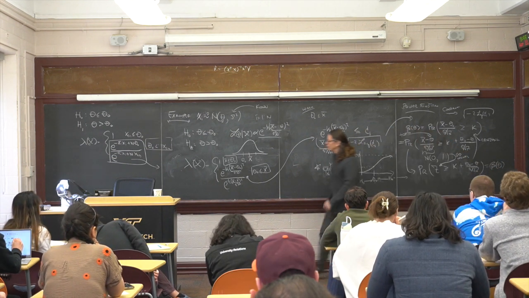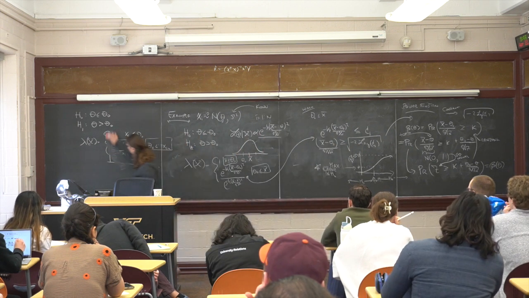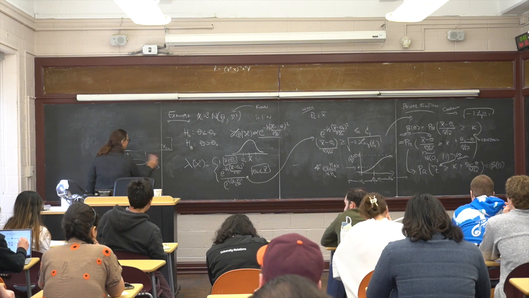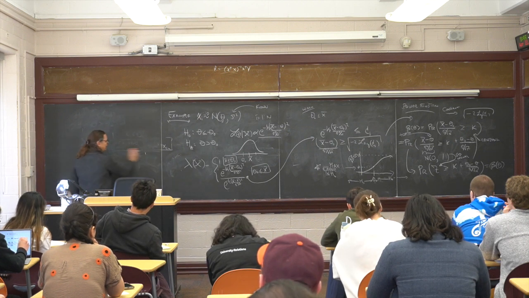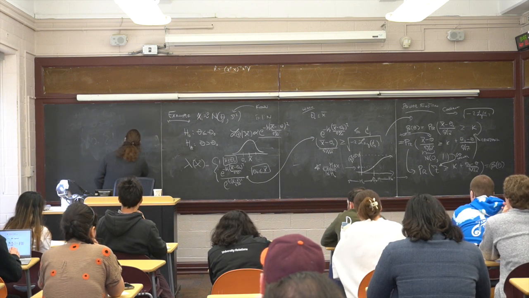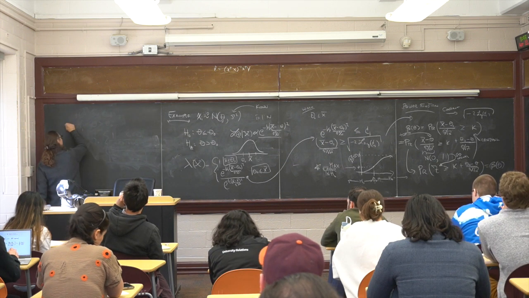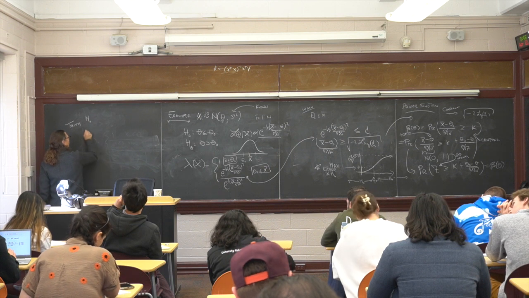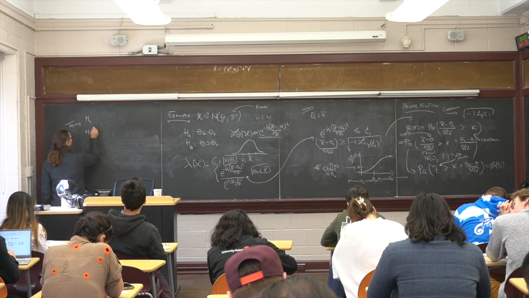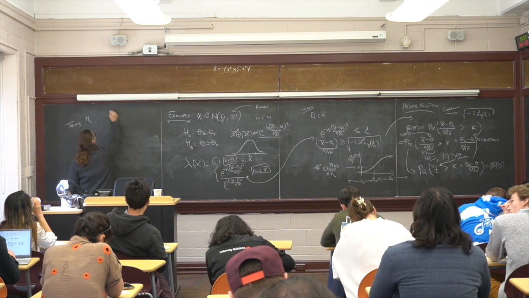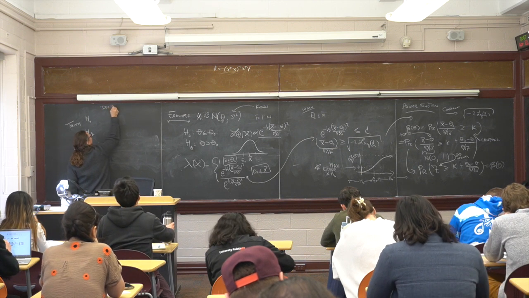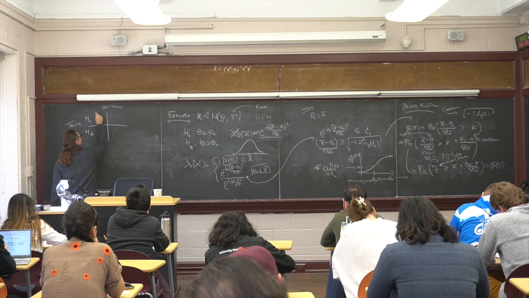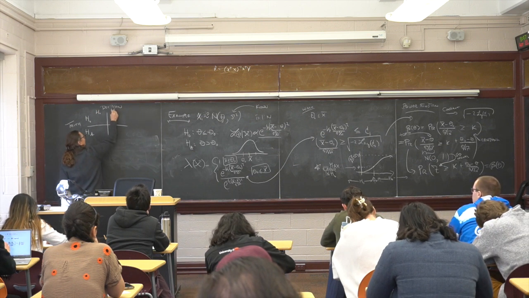Let me just tell you about different types of error rates. So again, there are 2 different errors that you can make. Let's give them some names. So let's say the truth could either be H naught or HA. And then I can have some decision, and that could either be H naught or HA.